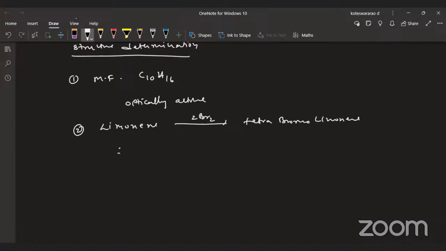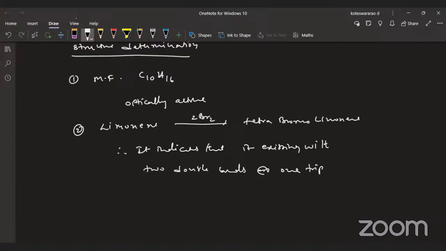Therefore, it indicates that it exists with 2 double bonds or 1 triple bond. Right.